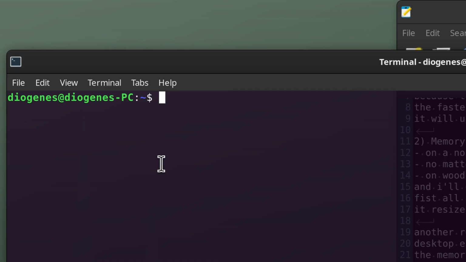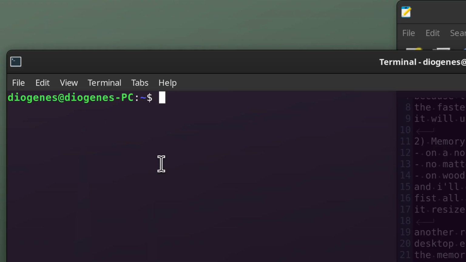We are going to check the keywords "definitely lost" in all three logs and see which log has more occurrences of "definitely lost". Definitely lost means there is some memory leakage. Not always guaranteed, but in most cases, yes.